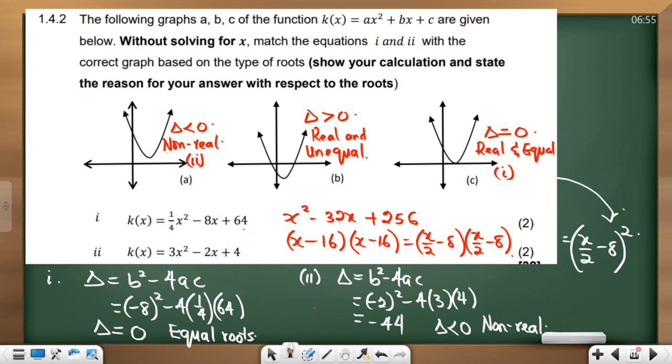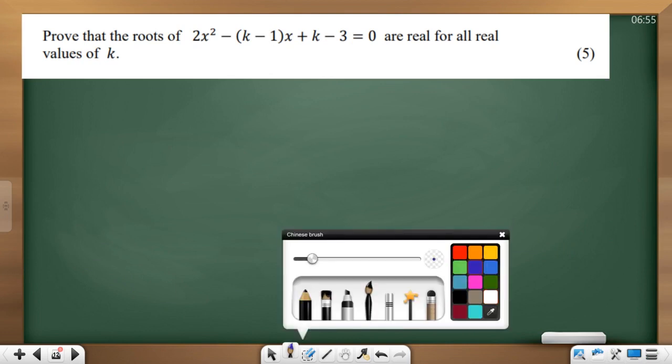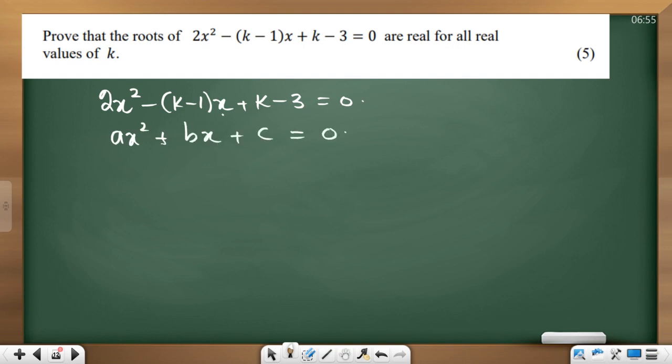I think I have one more question that I want to play with here on nature of roots. Prove that the root of this is equal to 0. Please always make sure, 2x squared minus (k minus 1)x plus (k minus 3). Sometimes they give out that equation spread wide. Make sure you factorize x out because you want ax squared plus bx plus c equals 0.